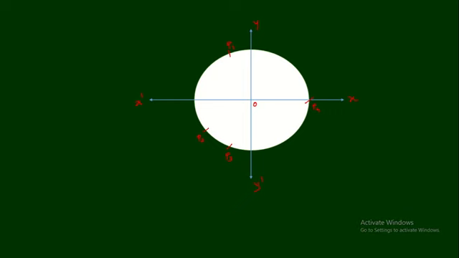Join the point P1 to the origin, a straight line to O from P1. Next P2 to O and P3 to O, and then P4 to O. These are the points joining to the origin. Next we get the angles here.